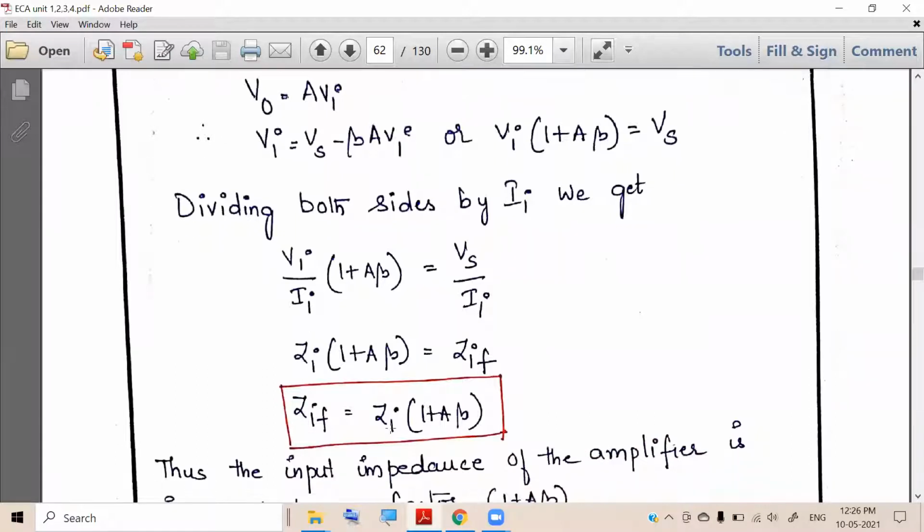So we replace these, and we get Zif is Zi into 1 plus A beta.